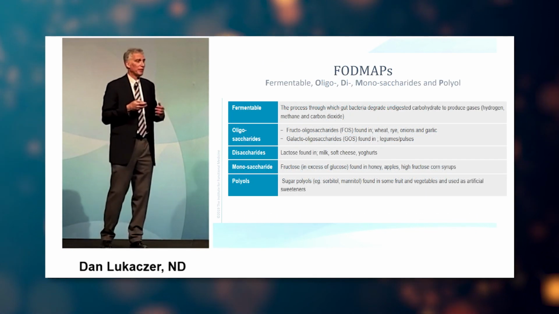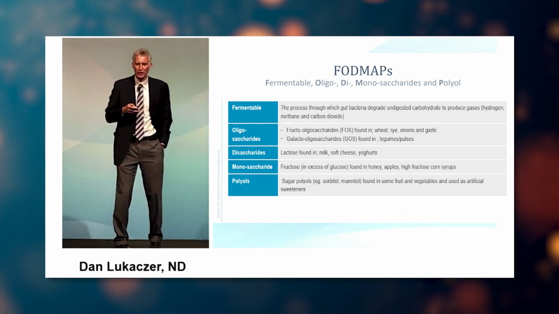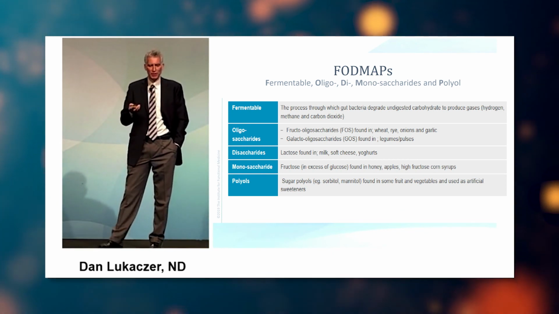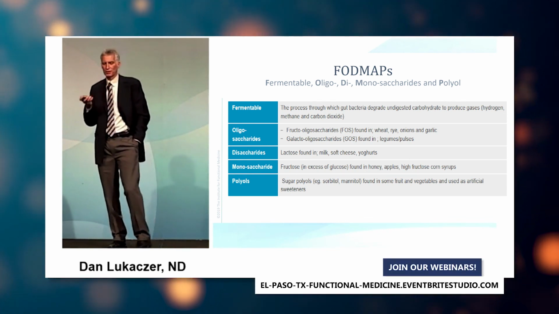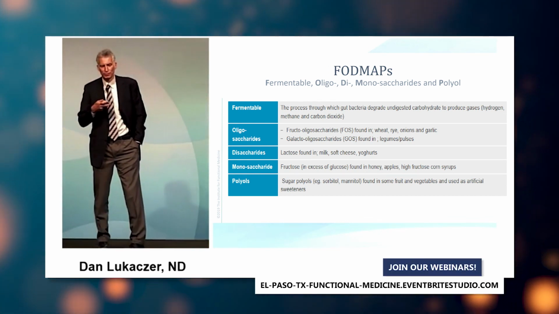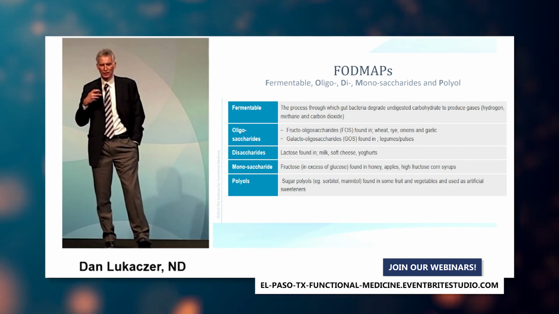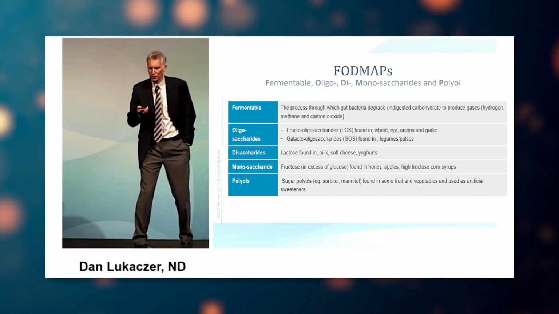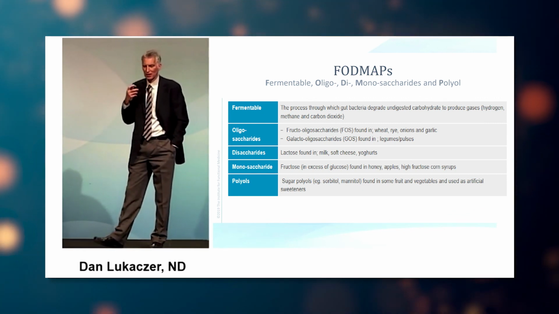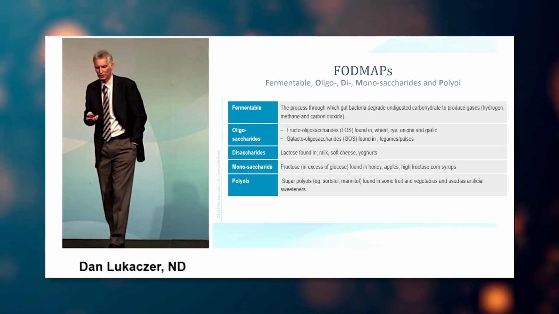We talk about FODMAPs a lot more in the GI module, but FODMAPs, again, very briefly, are these fermentable oligo-, di-, monosaccharides and sugar polyols that include fructose in fruits and vegetables. They include lactose in dairy products. They include galactans in legumes, fructans in wheat, as I said, and fructans in artichokes, and a number of other things.